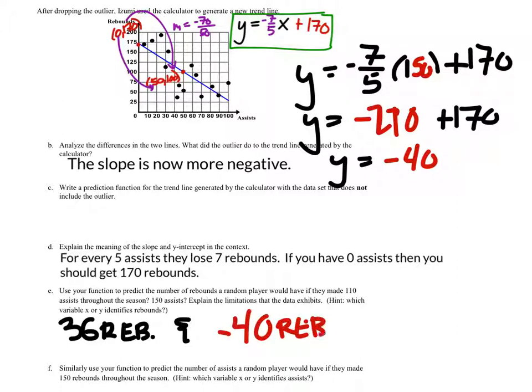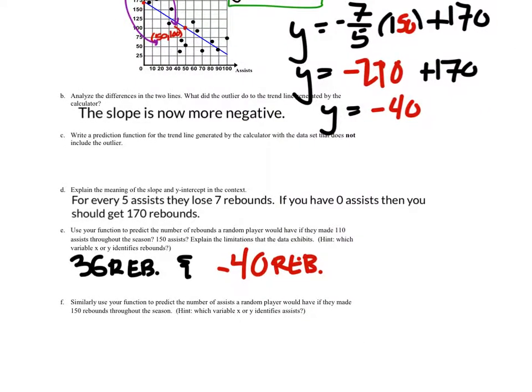You can't really lose rebounds or say that you have negative rebounds. So in this case, there is clearly a limitation. Explain the limitations. The limitation is that you can only have 0 of each. That's the minimum. It's not possible to get into the negatives on these, so it is only reasonable to use quadrant 1.